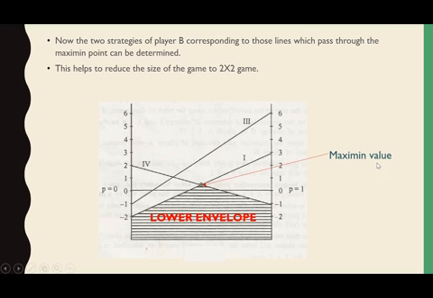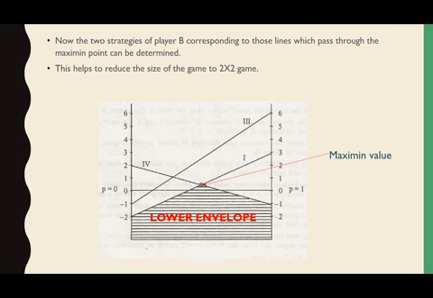That will be our maximin value. And those two lines which get involved in the point of intersection will be the two optimal strategies for B. Okay? This helps to reduce the size of the game to a 2 cross 2 game. See, when we have only two rows and multiple columns, we consider the lower envelope and the highest point on the lower envelope. Hope the concept is clear.